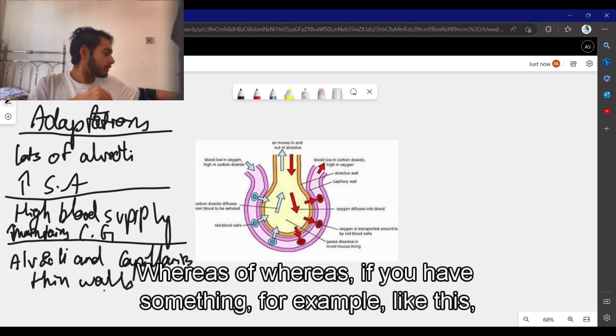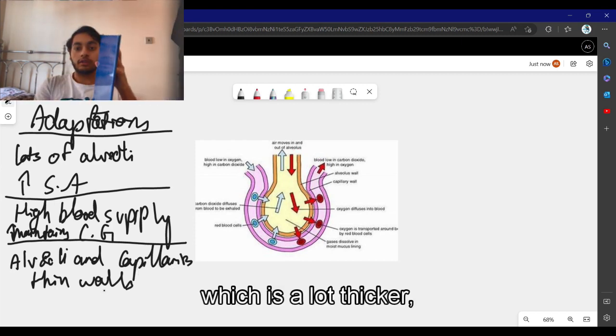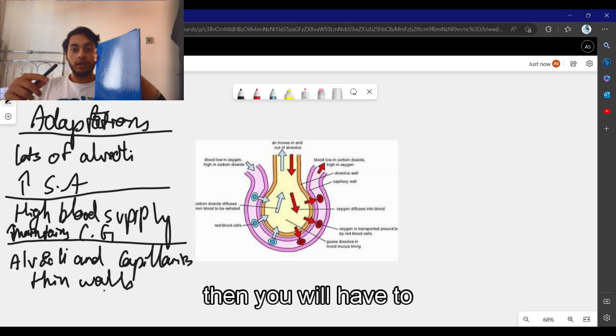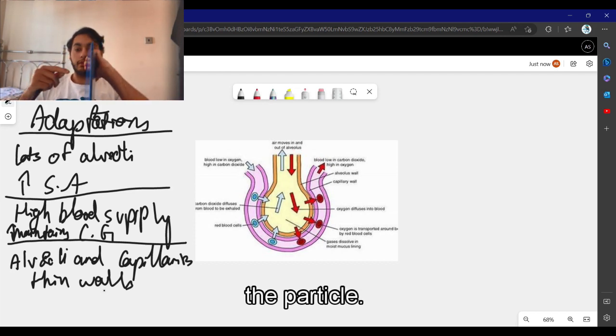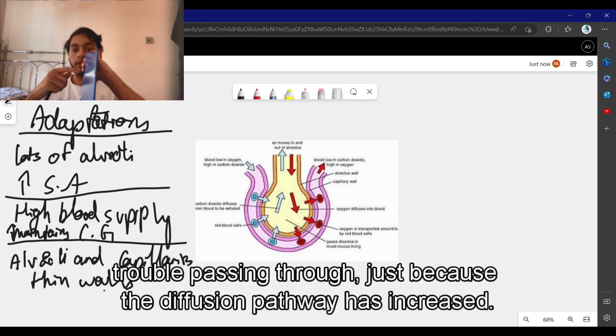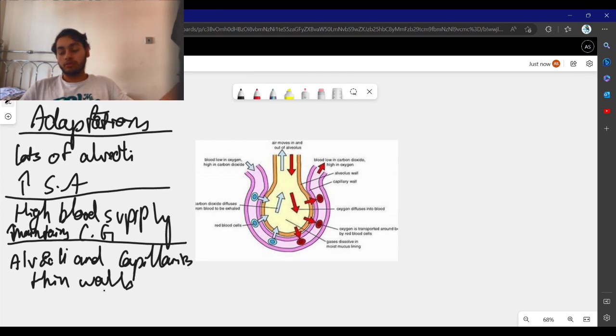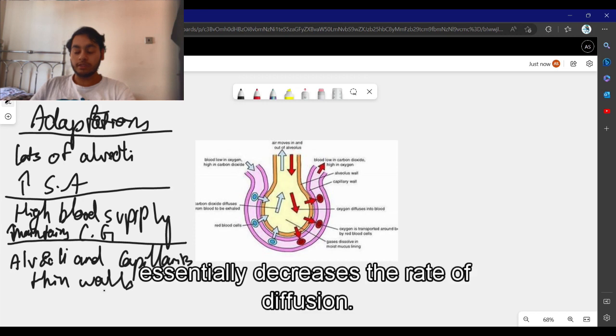Whereas if you have something like this, which is a lot thicker, then the particle will have much more trouble passing through, just because the diffusion pathway has increased. So by increasing the length of the diffusion pathway, it essentially decreases the rate of diffusion.